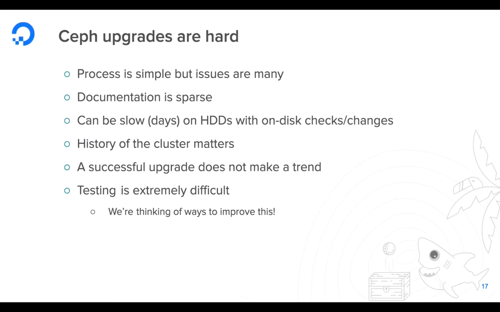And that's a difficult problem to solve, right? You cannot expect engineers every time to be like, oh, I need to document that and that and that. That just never works. And we know that. To give a couple of examples of sparse documentation, a very simple thing was from Luminous to Nautilus, the JSON output of ceph pg dump changed, which broke any tooling that would have used that.